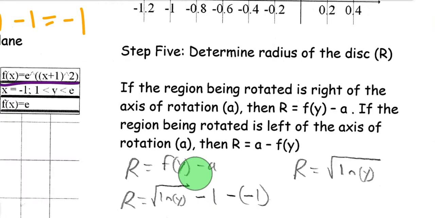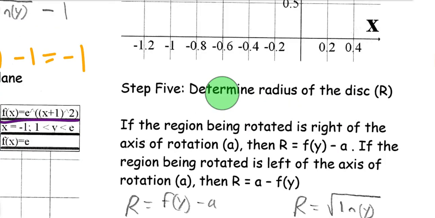This leads us to the next step, which is to determine the radius of the disk. This is very similar, as you can tell, to rotating around a horizontal line. You'll see the correlation as we go on. If the region being bounded is right of the axis of rotation, it will be our region in terms of y minus the axis of rotation.